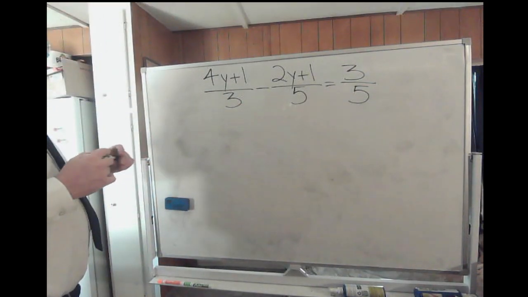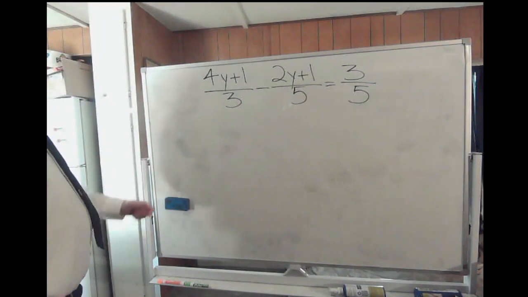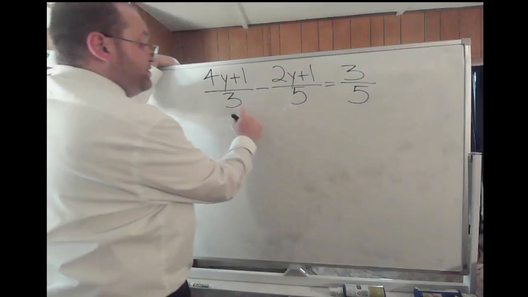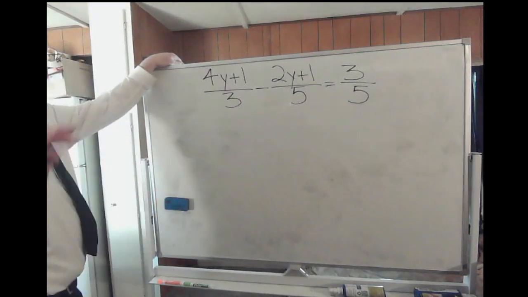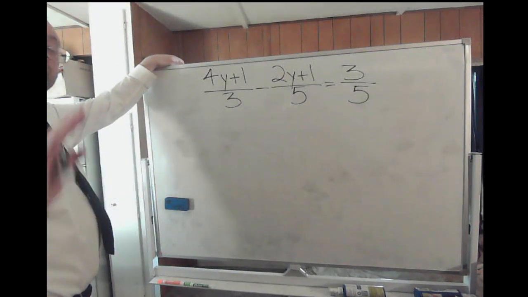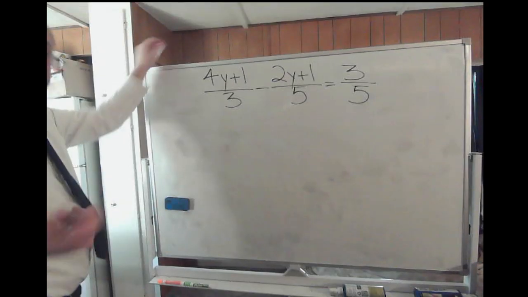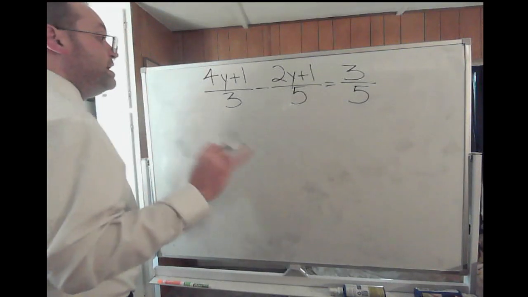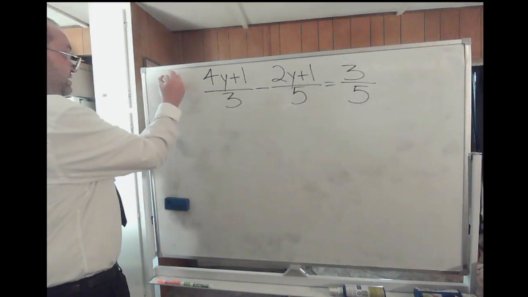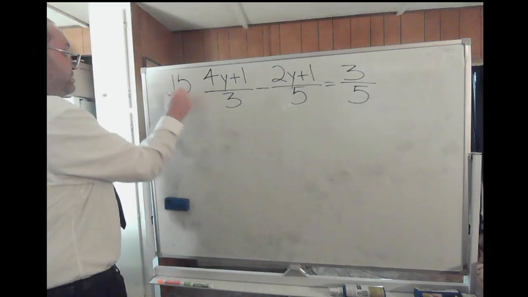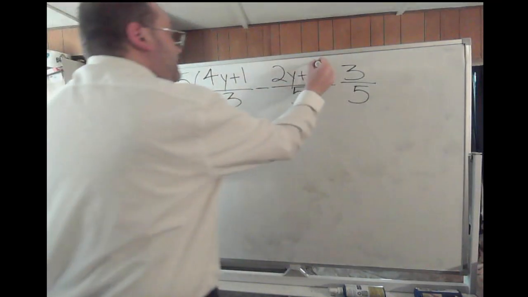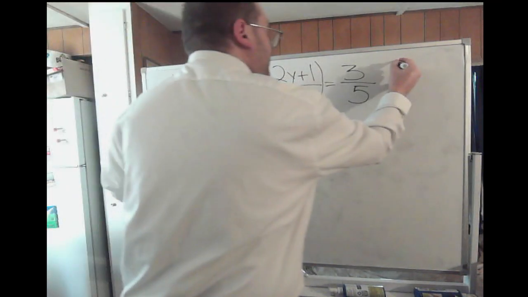Right? Okay. So we have three denominators of 3, 5, and 5. We need to find the least common denominator of 3, 5, and 5. I think it's safe to say that's going to be 15. So let's multiply the entire left side by that denominator of 15, which means we got to do that to the right also.